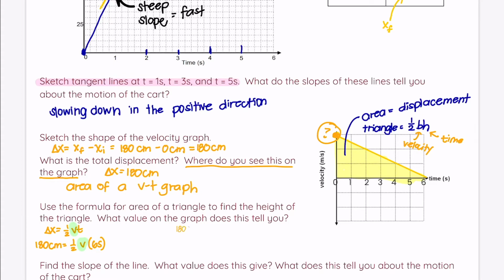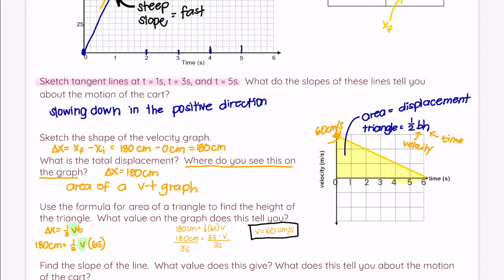So we have 180 centimeters is equal to 3 seconds times velocity. And we're going to divide by 3 seconds on both sides. And we have velocity is equal to 60 centimeters per second. So our answer for this is going to be 60 centimeters per second is our mystery velocity here. So let me go ahead and erase this and write in 60 centimeters per second.